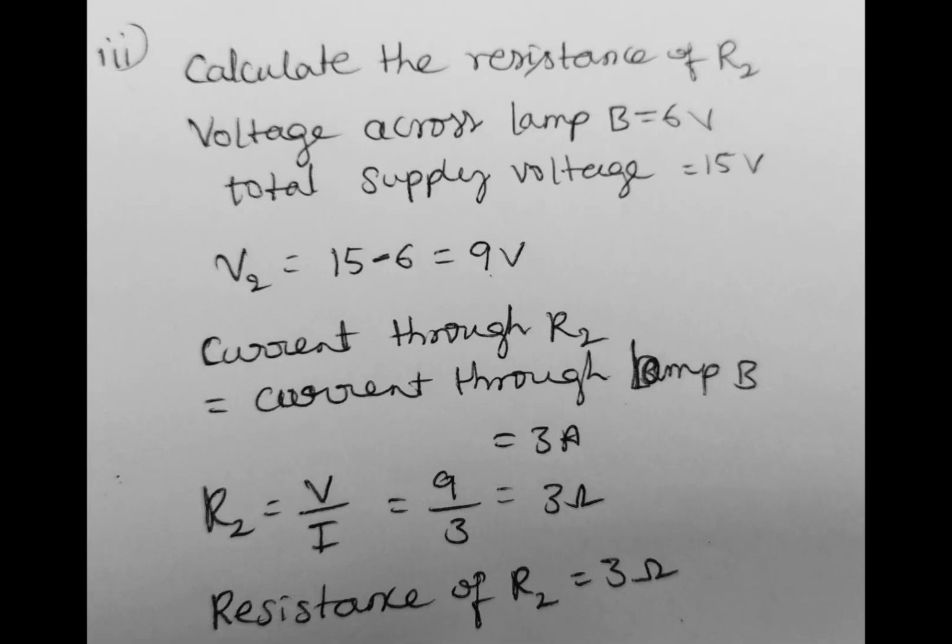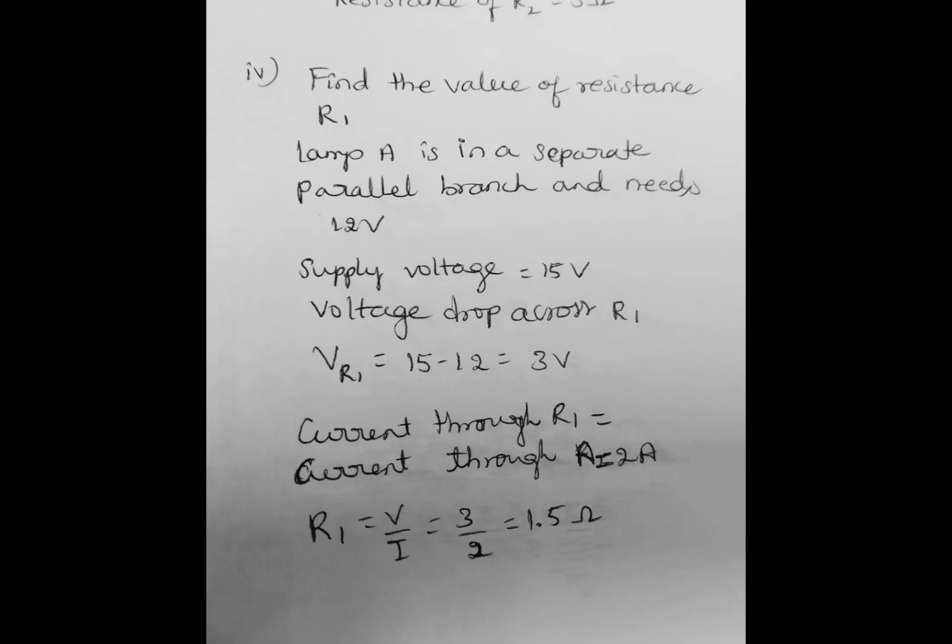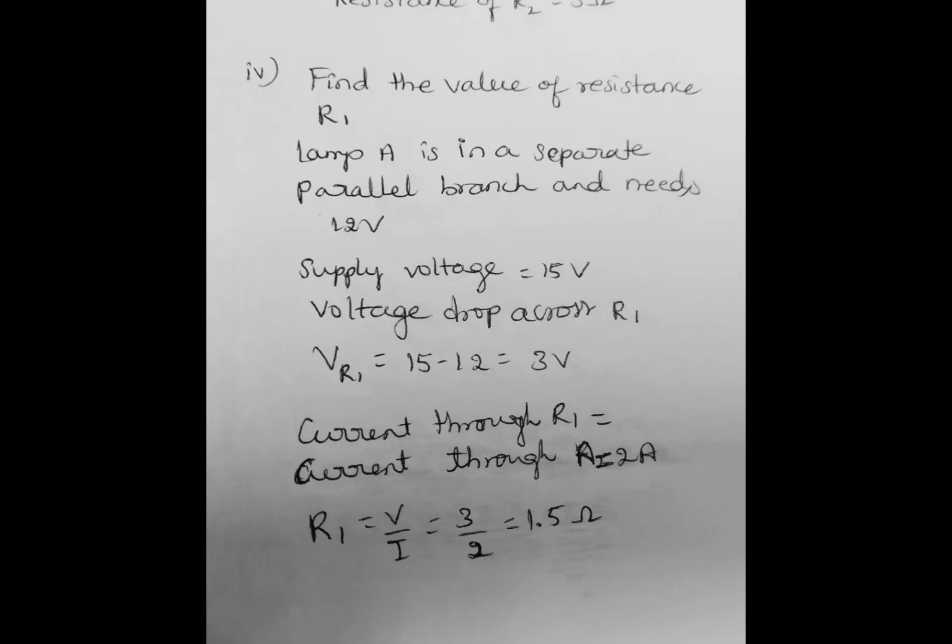So you can remove 6 from 15. 15 minus 6 is how much? 9 volts. Now the voltage required across R2 is 9 volts. Okay, next I use the formula R2 is equal to V by I. So what is V value? That is 9 volt. I value is 3. 9 divided by 3 is 3 ohm. Resistance of the R2 is 3 ohm.